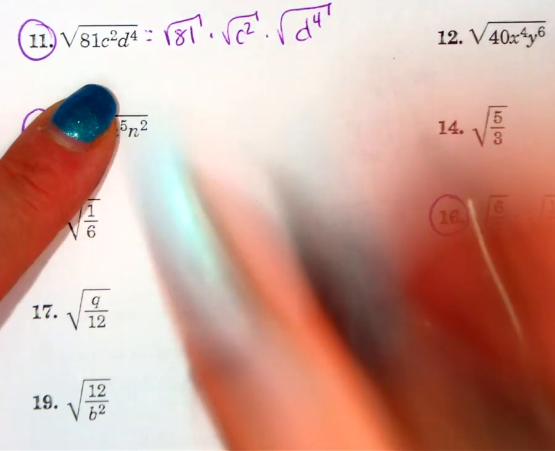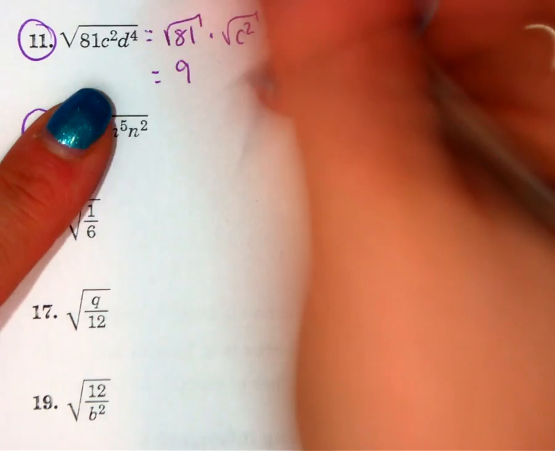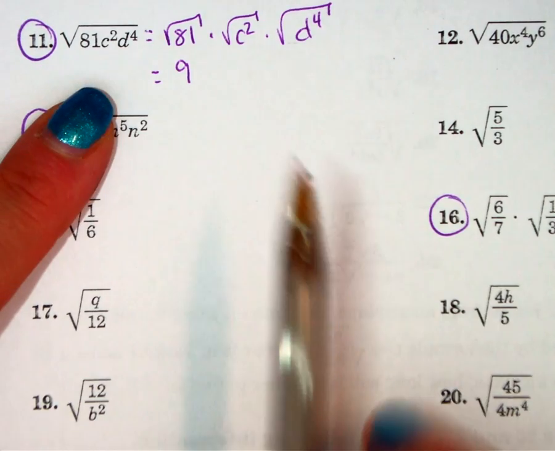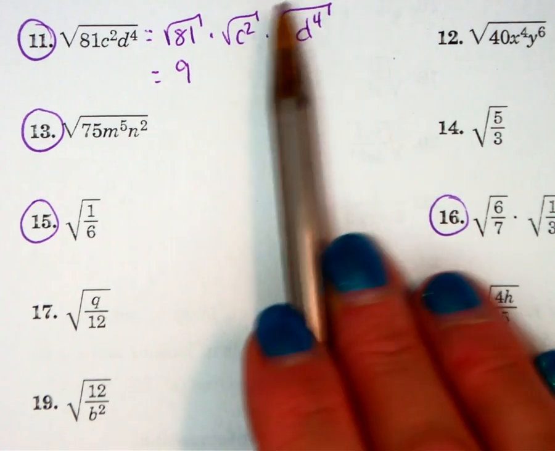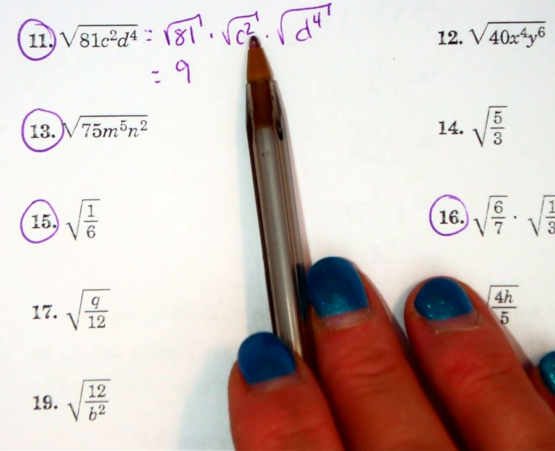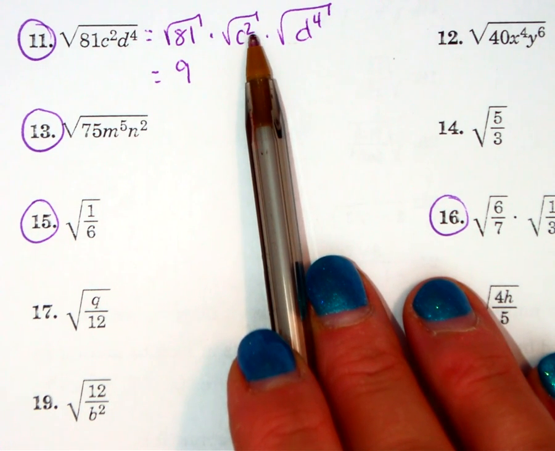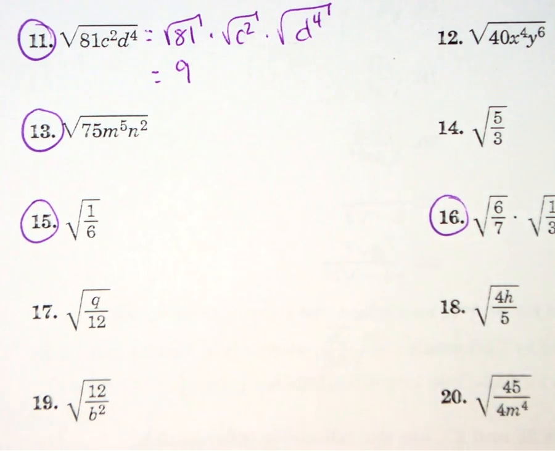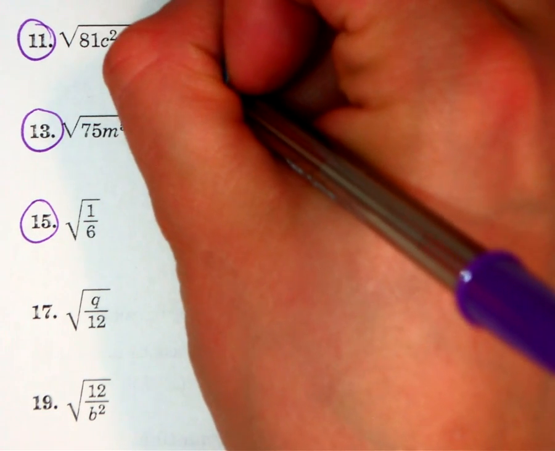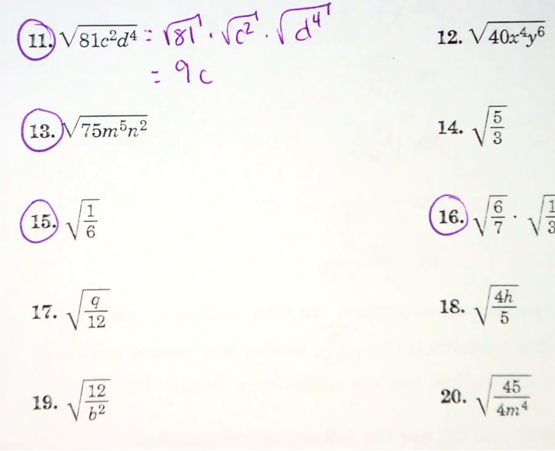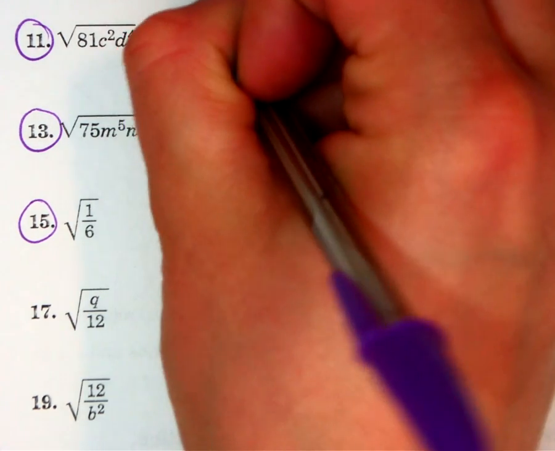The square root of 81 is 9. That part's done. When you have letters and you want to take the square root, you're going to divide the exponent in half. So the square root of c squared is just c. The square root of d to the fourth is d squared.